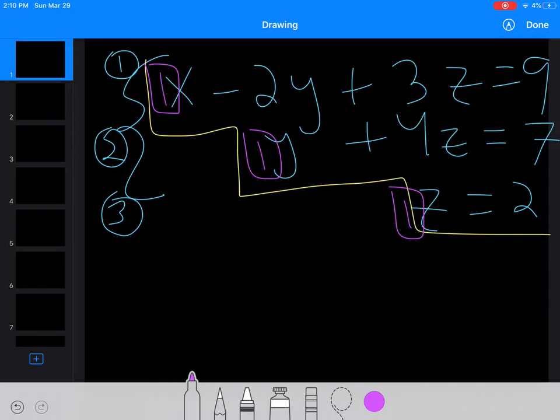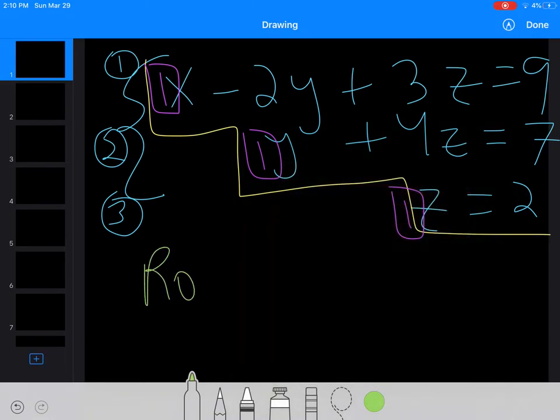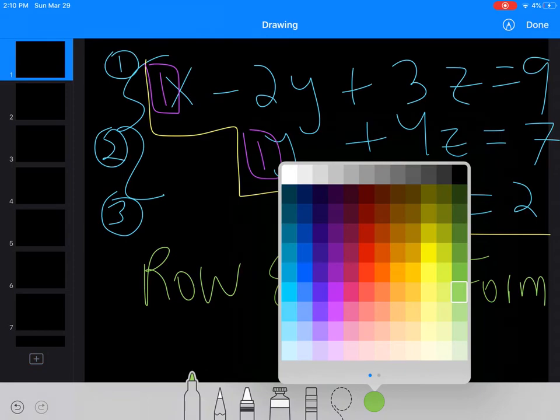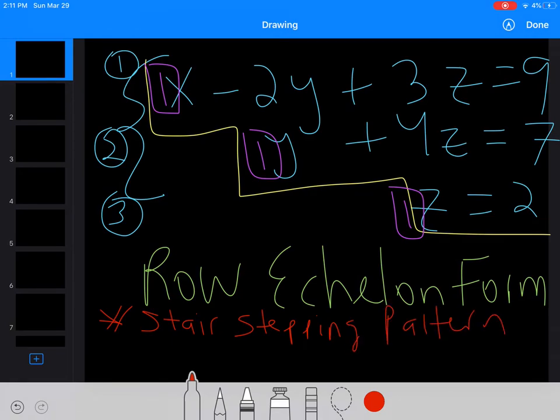If we have a stair-stepping pattern and the leading coefficient of the variable is 1, we can do row echelon elimination. So this is known as row echelon form. So we have a stair-stepping pattern and the leading coefficient is 1.